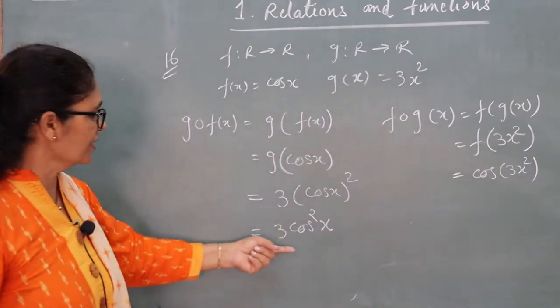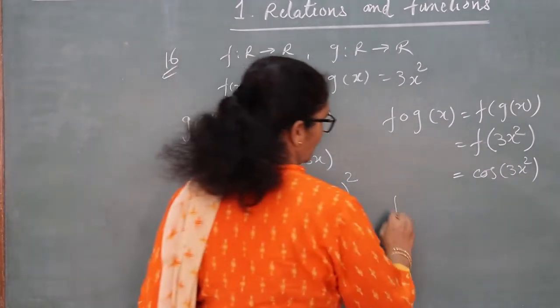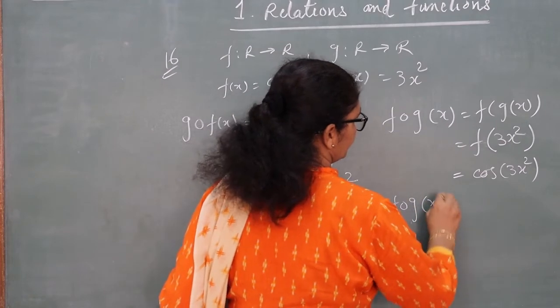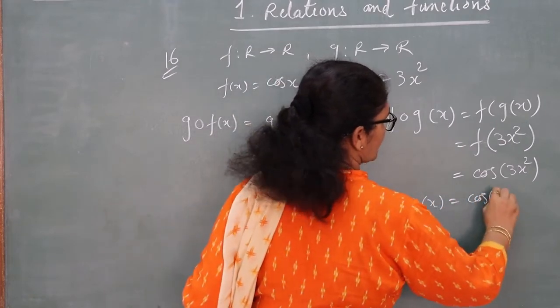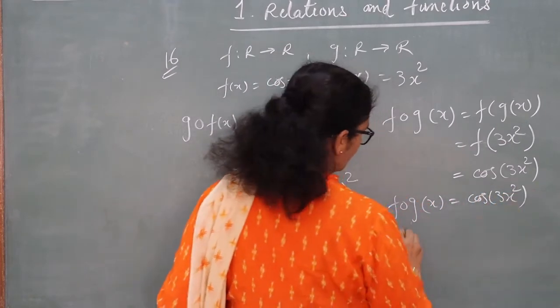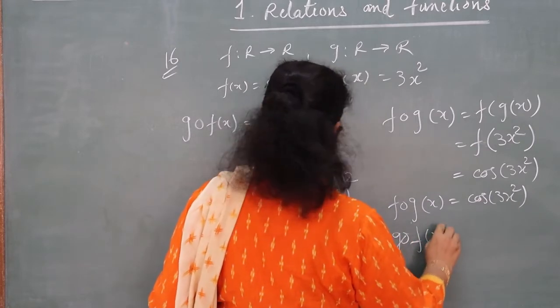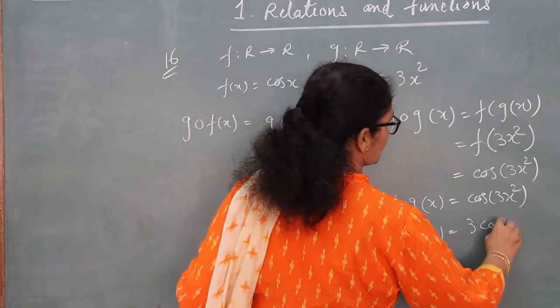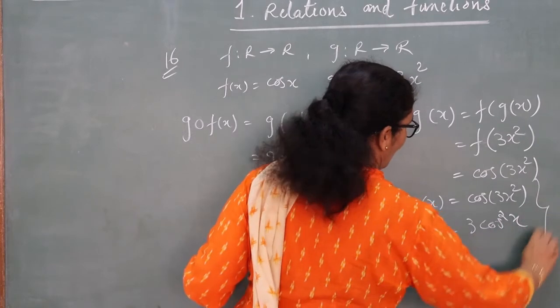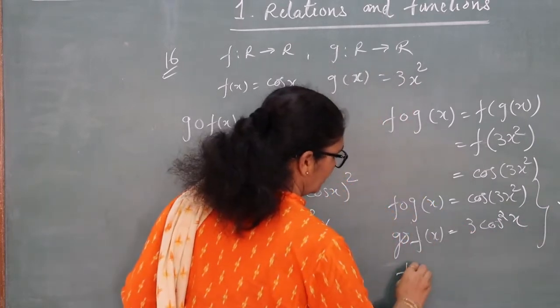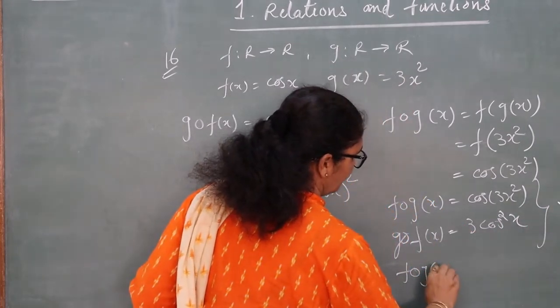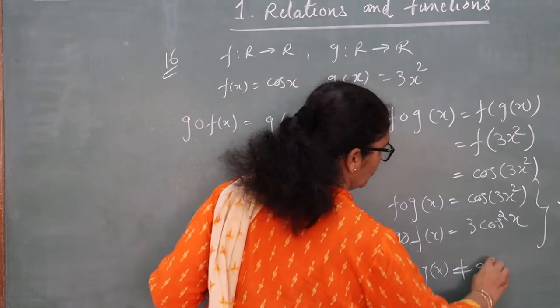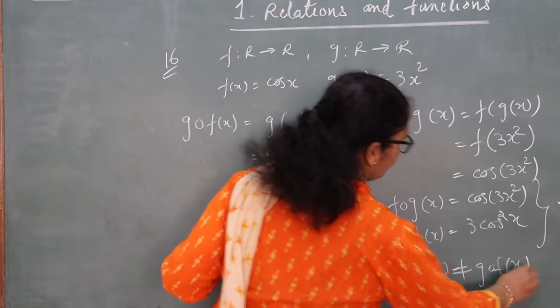Your f over g is cos of 3x square and g over f is 3 cos square x. Both are not the same. So what can you write? f over g of x is not equal to g over f of x.